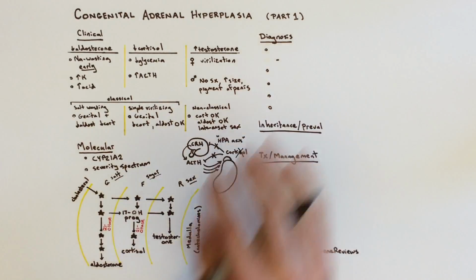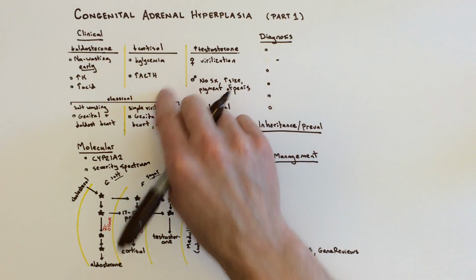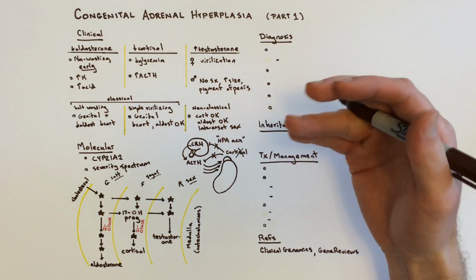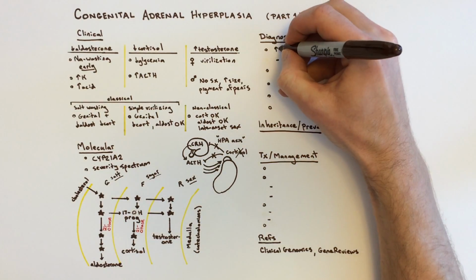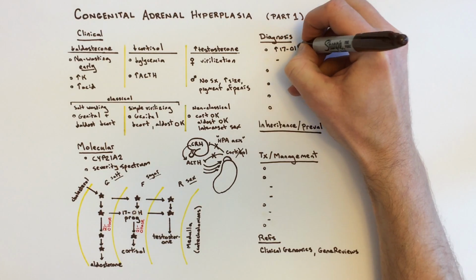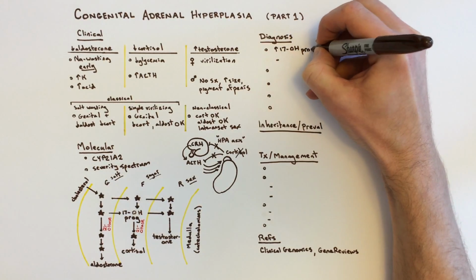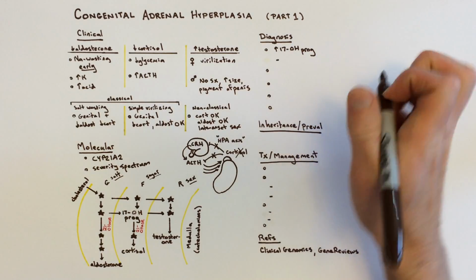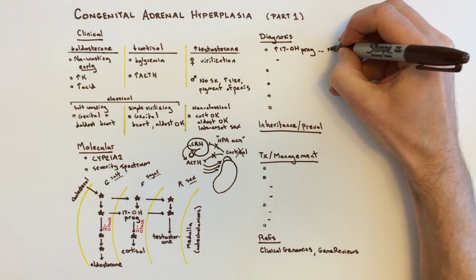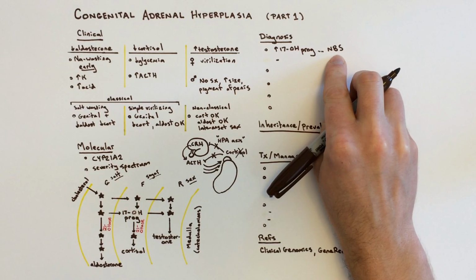All right, let's move on to how you would make the diagnosis other than clinically. So how you confirm it with laboratory testing. So the most important thing is that you're going to have increased 17-hydroxyprogesterone. This is what the newborn screen tests for.